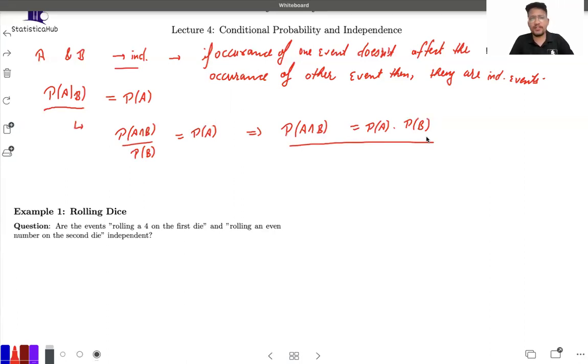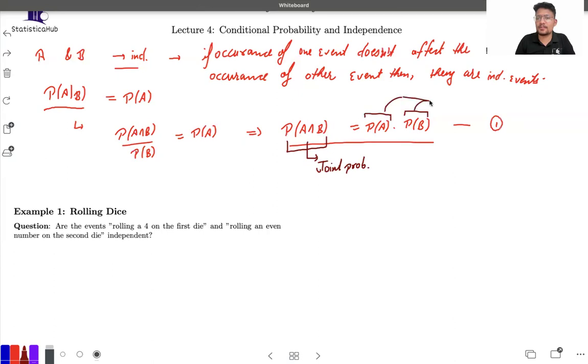Okay, so two events are independent if and only if this condition, let's say condition number one, is held. And this probability that we have written, taking into consideration two or more events, these types of probabilities are known as joint probability. And a probability that is taking only one event is known as marginal probability.